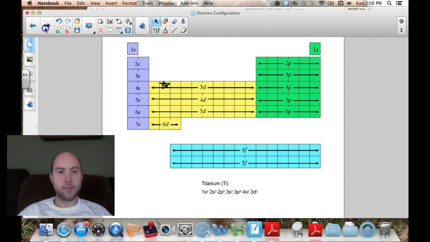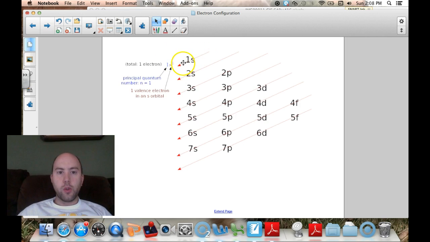So again, it goes 1s's, then the 2s's, then the 2p's, the 3s's and 3p's, the 4s's, and then once you get past the 4s, then you enter the d's, it goes back to the 3rd. So you say 3d, then we'll go back into the 4th of the p's. So very important you remember.